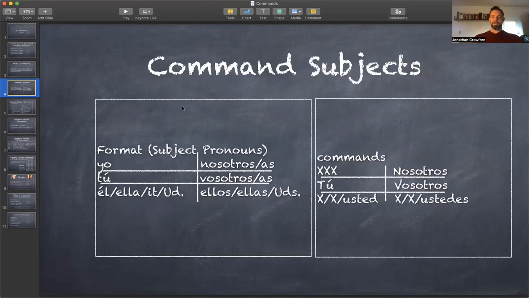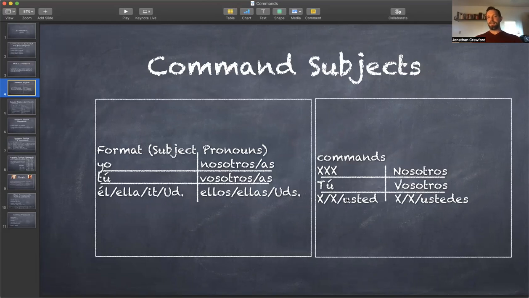All right, so these are the subject pronouns. In the command form, we're going to leave the yo form x'd out, and we're only going to use the tú form, because I can command you, tú, or usted, that's the formal you. In English, there is no formal you anymore. It used to be you, and the informal was thee and thou, believe it or not, that's Old English.